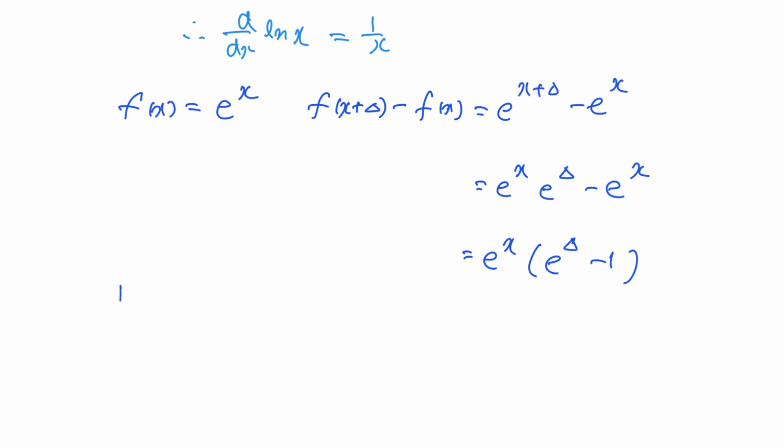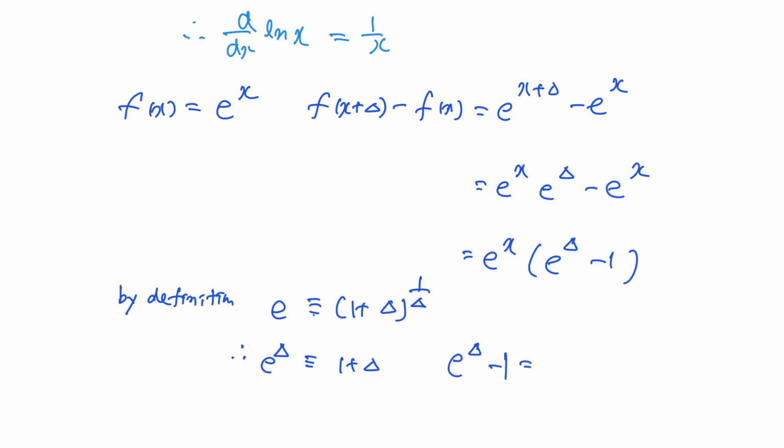Since by definition e is defined by (1 plus delta) to the power of 1 over delta, right? Therefore, e to the delta is 1 plus delta, and e to the delta minus 1 is equal to delta. Therefore, [f(x plus delta) minus f(x)] divided by delta is e to the x. So d/dx of e to the x is e to the x.